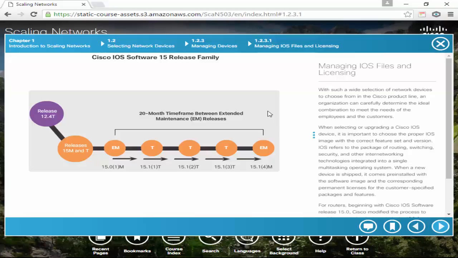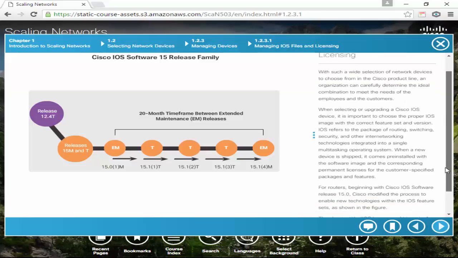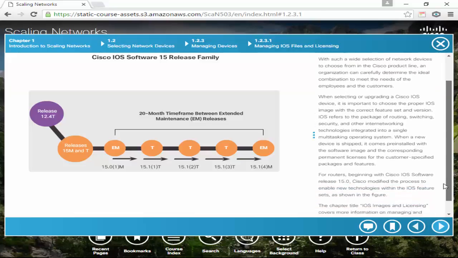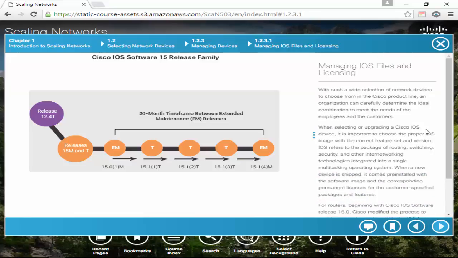Alright, managing IOS files and licensing. This is the last chapter of this class and the least liked. Basically the IOS goes through updates and you get them if you pay for your extended maintenance, and there's a lot more to it, but they have a whole chapter about it, so you guys are welcome to read that.